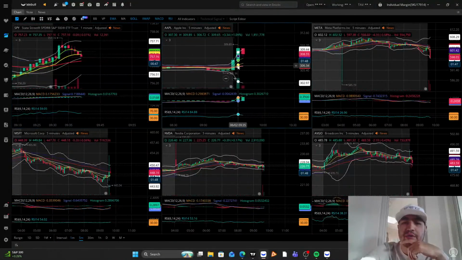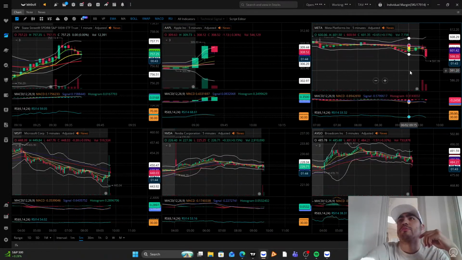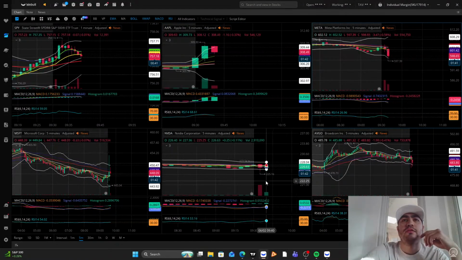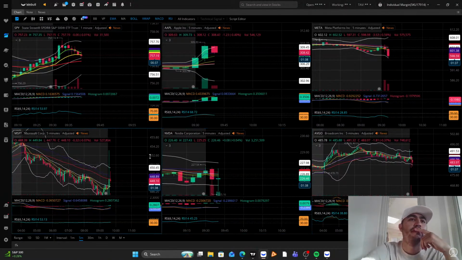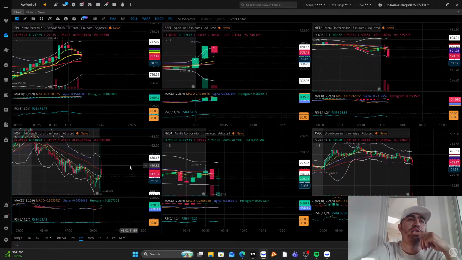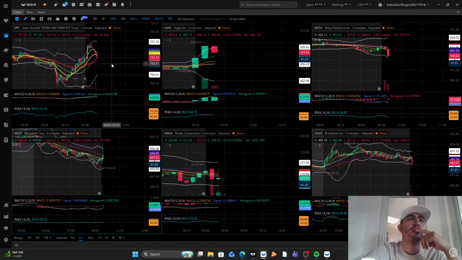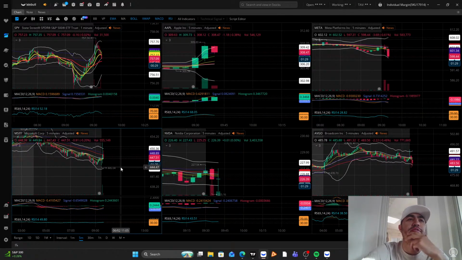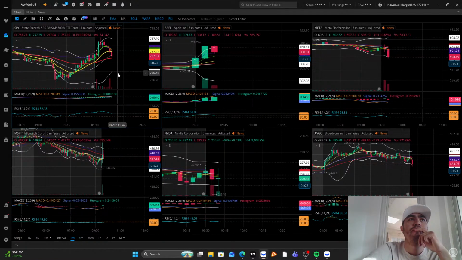Looks like Apple had some running to do this morning. Nvidia looks flat. Microsoft looks like it had a rip up. Looks like you might have a small downturn here. Here comes a 50 test. Is this going to be a wash, or is this going to be a rebound bounce up?